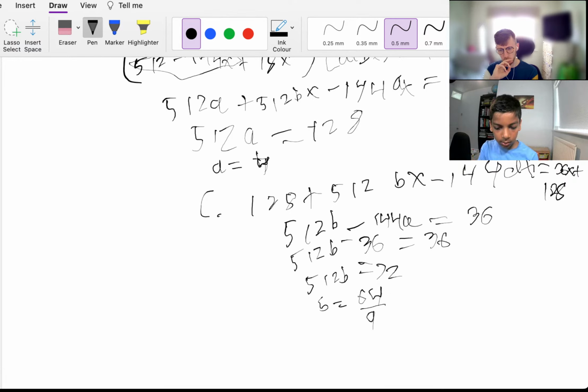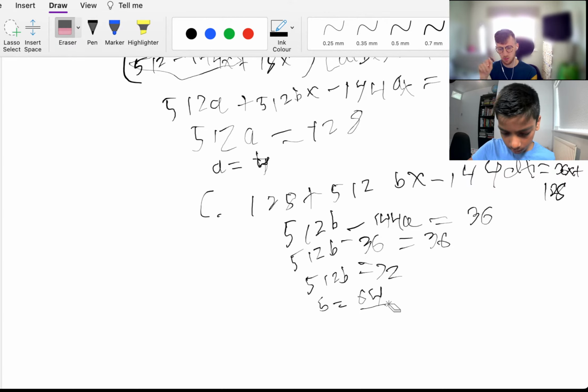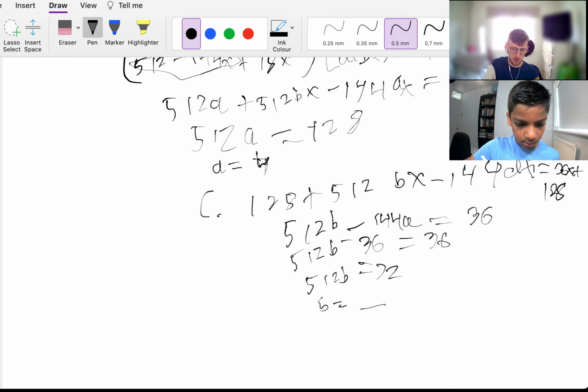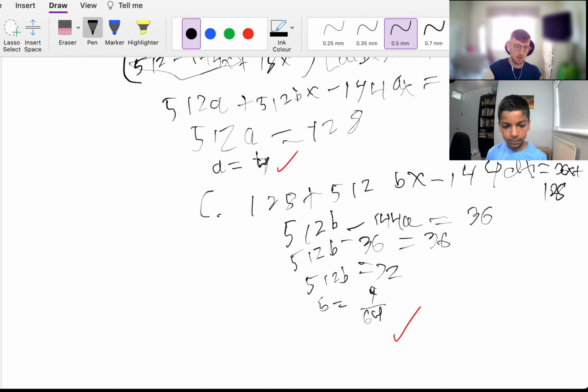Yes. Cool, are you sure? It doesn't look like it's going to be a top heavy fraction if 512b equals 72. Yeah, so it's the other way around. 72 divided by 512 is 9 over 64. Brilliant, so our a was a quarter and our b was 9 over 64.